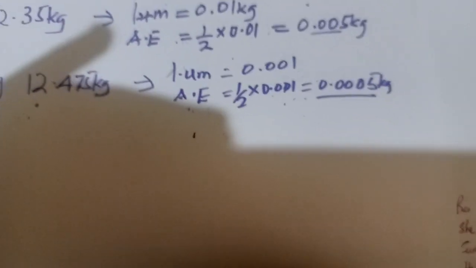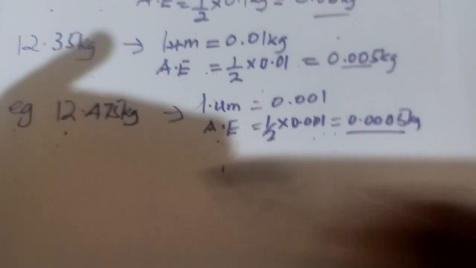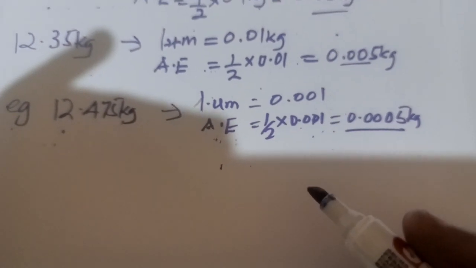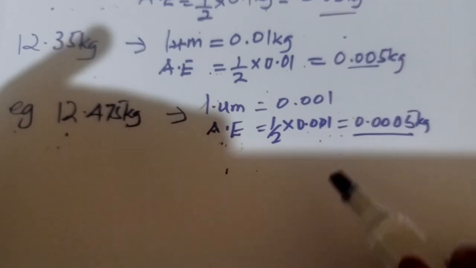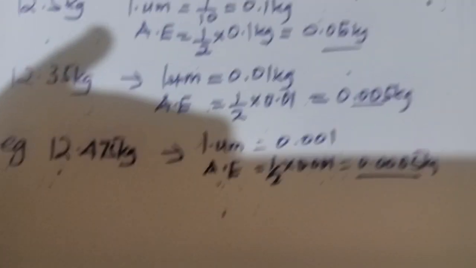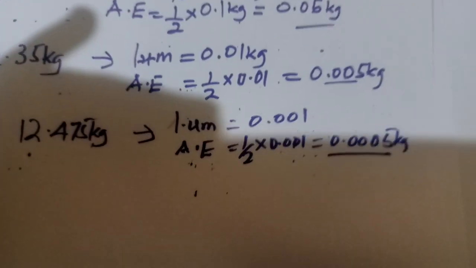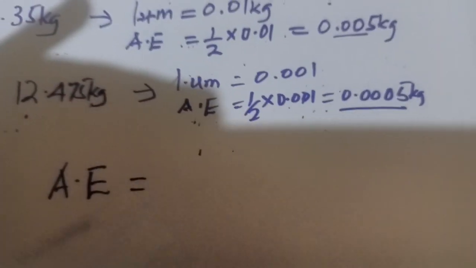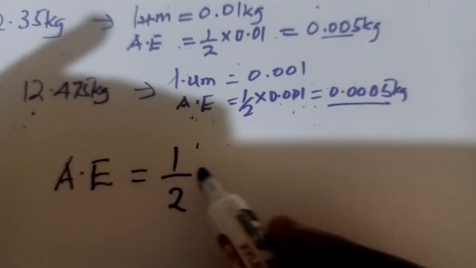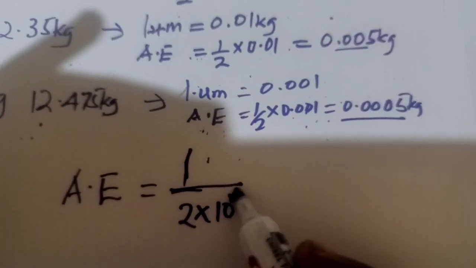Now we want to look at what I consider a shorter way of doing this, by just getting to know the number of decimal places and going directly to find the absolute error. If you look at these examples and many other examples that you could find, we can make a conclusion that the absolute error can be given by this formula, and this is the formula that I want us to take home: 1 over 2 times 10 power n.